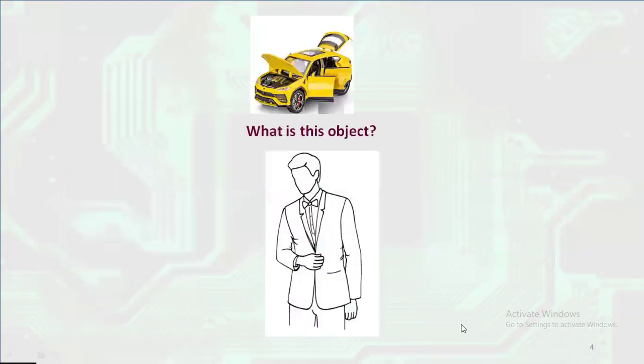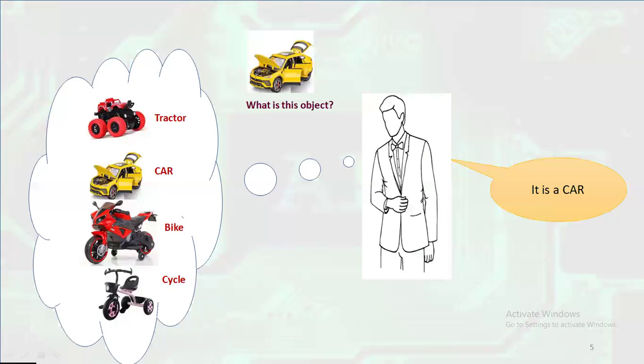Next, we'll see how machines learn. If you take a human being, and I show this object and ask what it is, he can immediately say that it is a car, based on his previous experience. Here, various data are there. If I show many objects and ask whether this is a car, he may say yes, it is a car, based on his previous experience or knowledge.